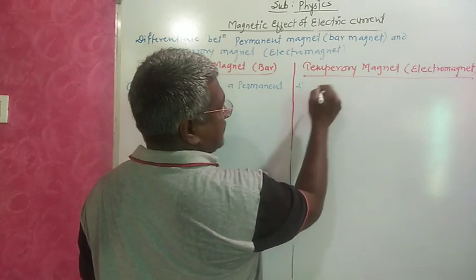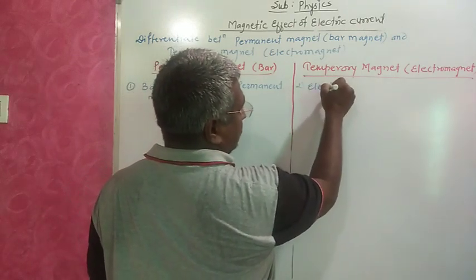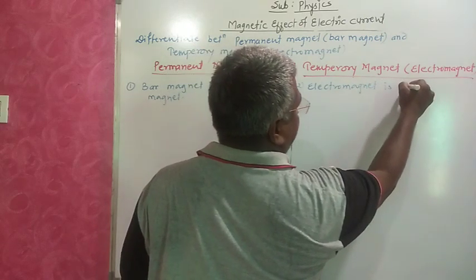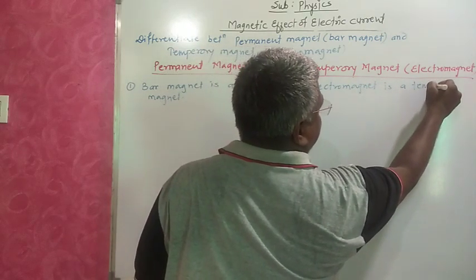And an electromagnet is a temporary magnet.